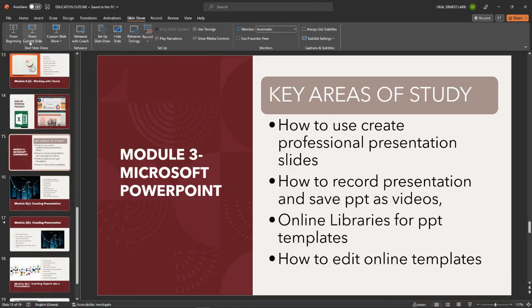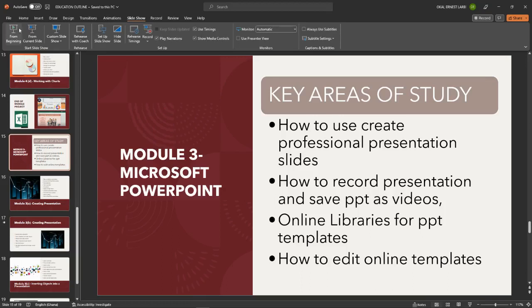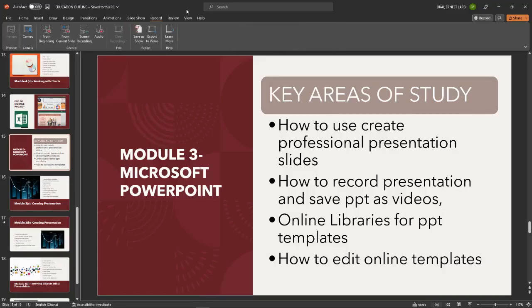So let's quickly go to from our current slide. So that is the one we have. Let's start our recording rather from our current slide. When I click on recording right now, I have all the recording page open. You can edit your presentation, so if I click this, it will turn me back to what I want to do.